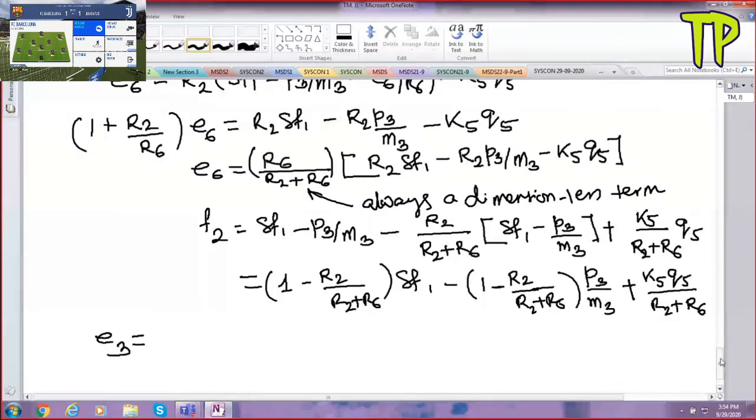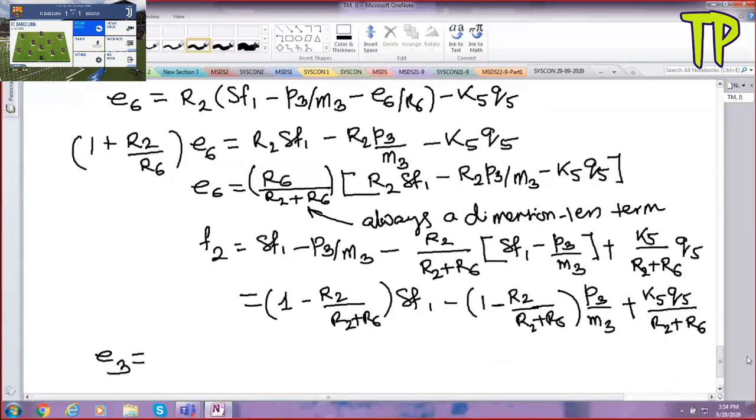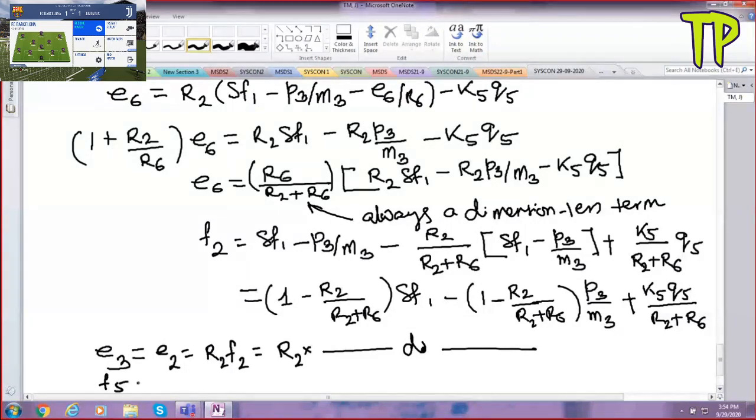Okay. So we have to write the equation for E3. E3 is equal to E2. E2 is R2 F2. So E3 is E2, which is R2 times this. This is one equation. Similarly, we will get the other equation, that is F5.